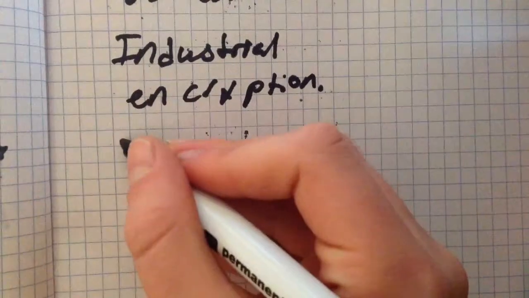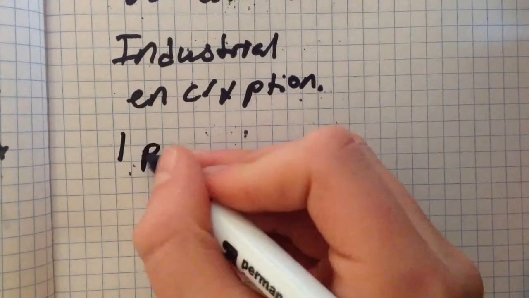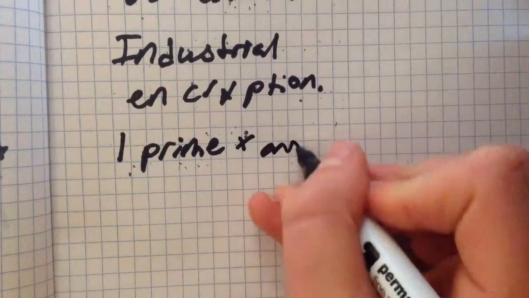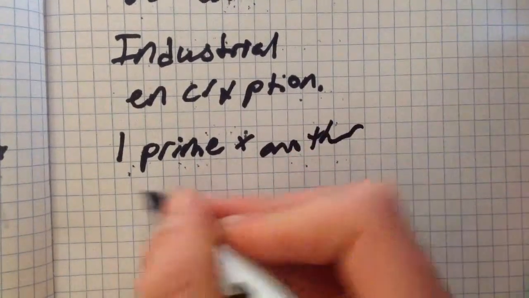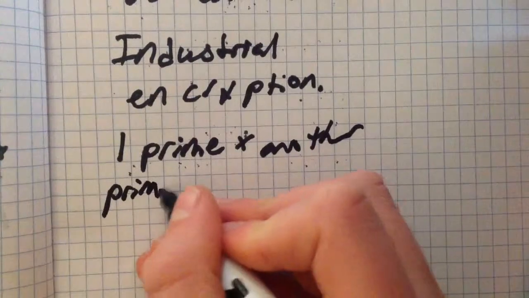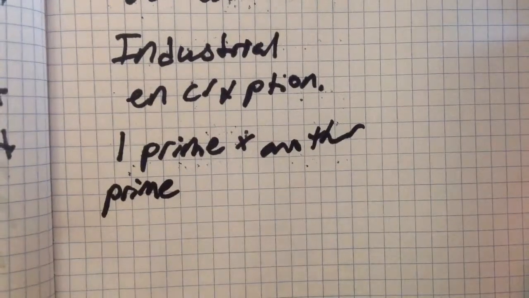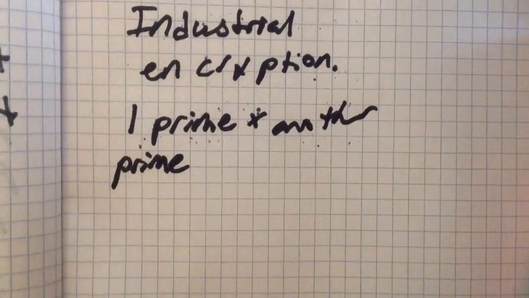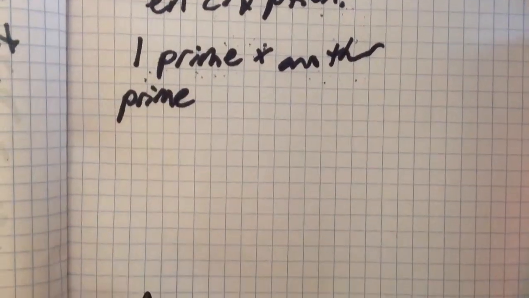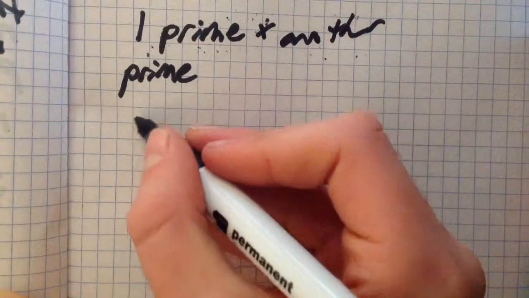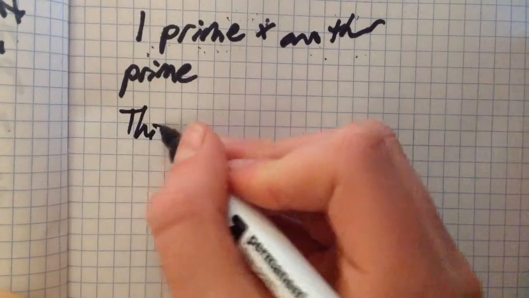So encryption, the idea is that I put a cipher on something that I'm trying to hide from people, and I send it, and then the person trying to steal it can't read it. So the basic premise of this is that one prime times another prime will always make a non-prime number, and that non-prime number will always have 2 factors.